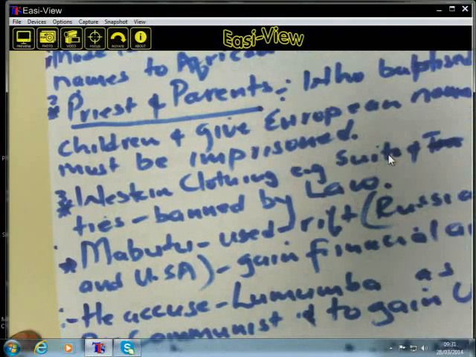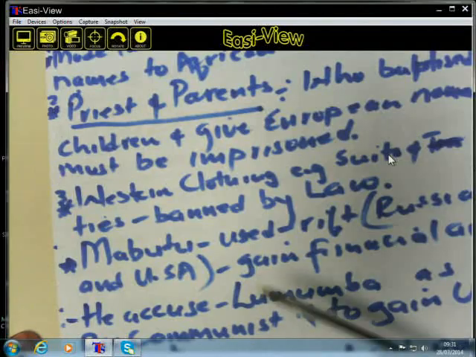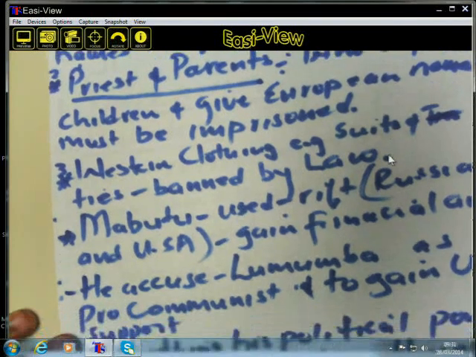These were the new laws under the campaign of Mobutu Sese Seko of cultural awareness. One, he made laws to change European names to African names in Congo. Priests and parents who baptized their children and gave them European names were imprisoned.